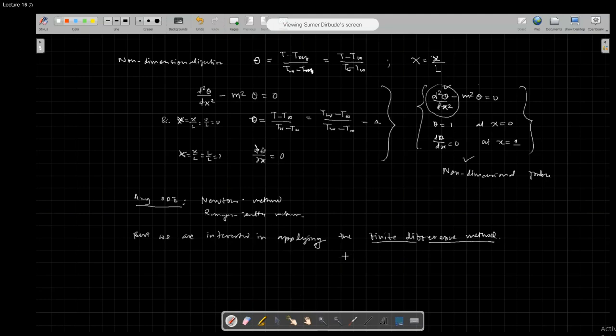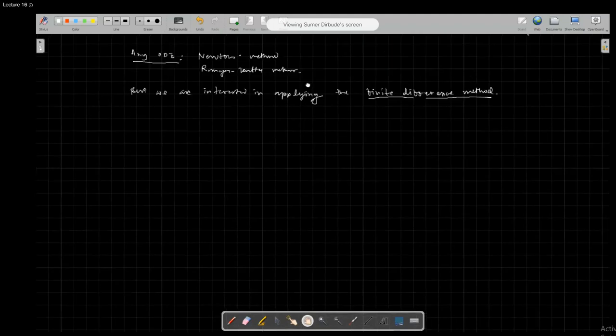So let us do this with the equation without non-dimensionalization. Otherwise, you will always think that we need non-dimensionalization. Some books talk about non-dimensionalization initially, so it gives some sort of impression that you always have to do non-dimensionalization.